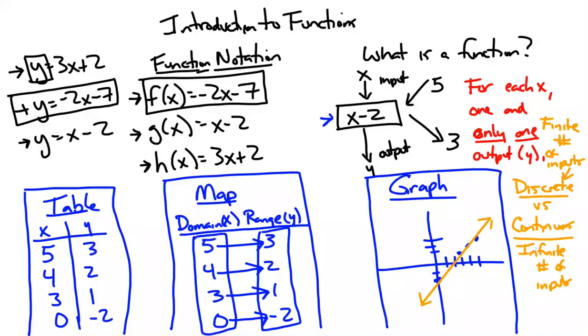So this is continuous input, because there's actually an infinite number of inputs. It's not just 5 and 4, but 5 and 4.9 and 4.8 and 4.887 and everything in between, every single point between.